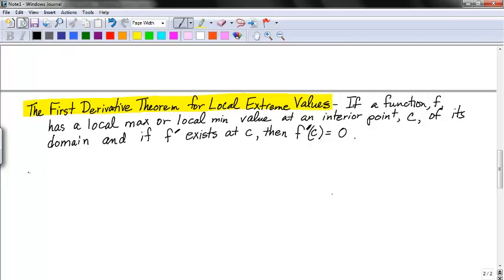The next thing the author goes through is, this is a French mathematician. It looks like Rolle's theorem, but I think it's probably pronounced Rolle's theorem.